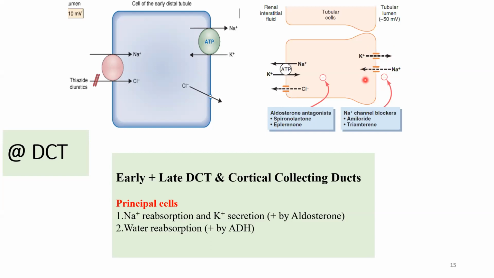For example, if there is a tumor of the adrenal gland which is secreting abnormally high aldosterone levels, this has all sorts of implications in this patient for sodium and potassium homeostasis. Now you understand what's going on. This person will abnormally reabsorb sodium, and very importantly, get rid of extra potassium, and then go into all sorts of cardiac abnormalities.